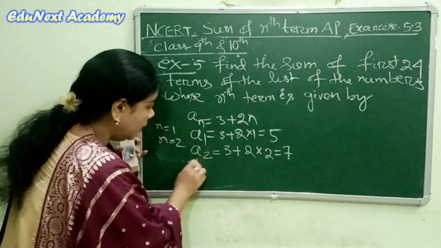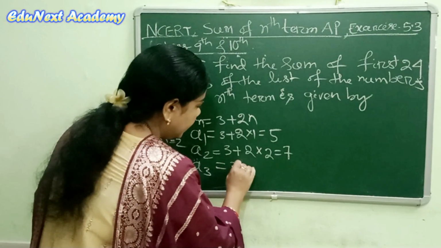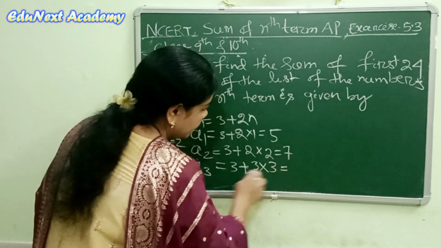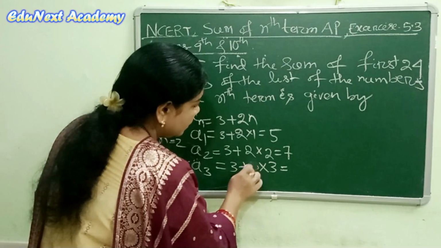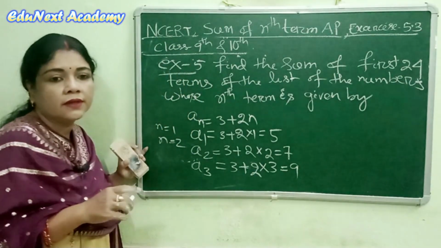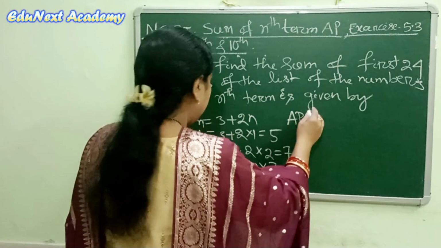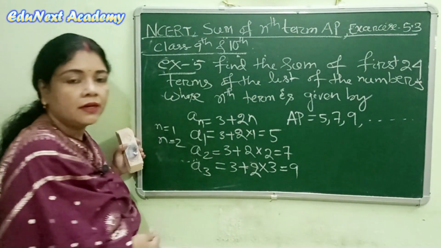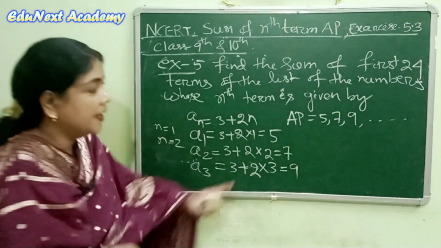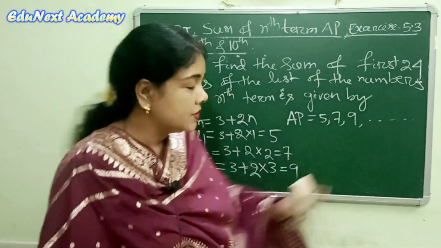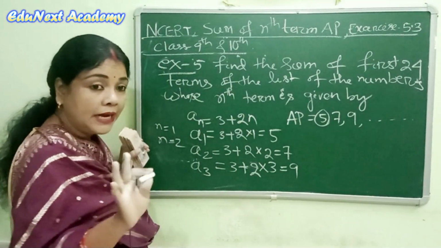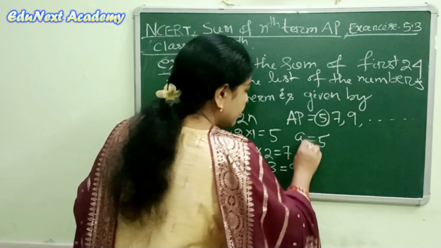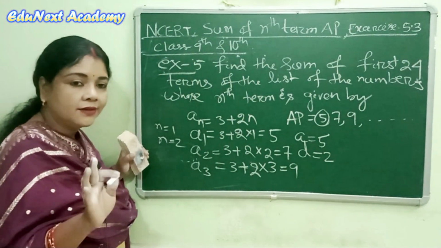Then for the third term, a3 is 3 plus 2 into 3, that is 9. The AP series we are getting is 5, 7, 9 and so on. So here a is 5, and the common difference d is equal to 2.